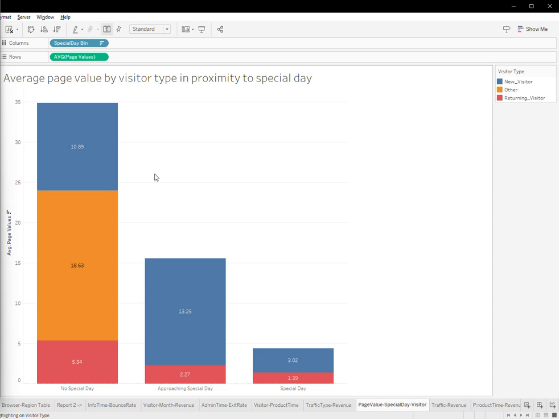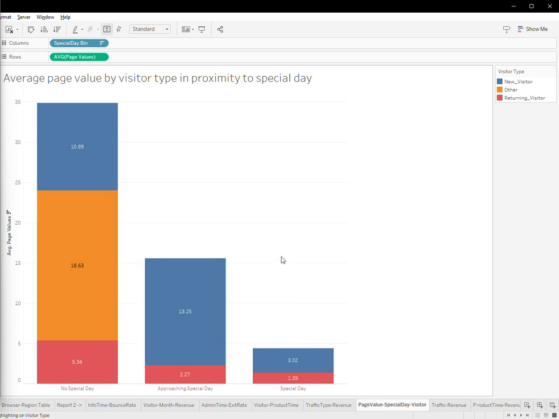Returning visitors do not have as much influence on the average page values compared to new visitors, and new visitors have the highest influence on it when approaching a special day, which makes me believe that the average page value is mostly driven by first-time gift shopping or opportunistic browsing of new visitors. Last-second shopping may also be a driving force.